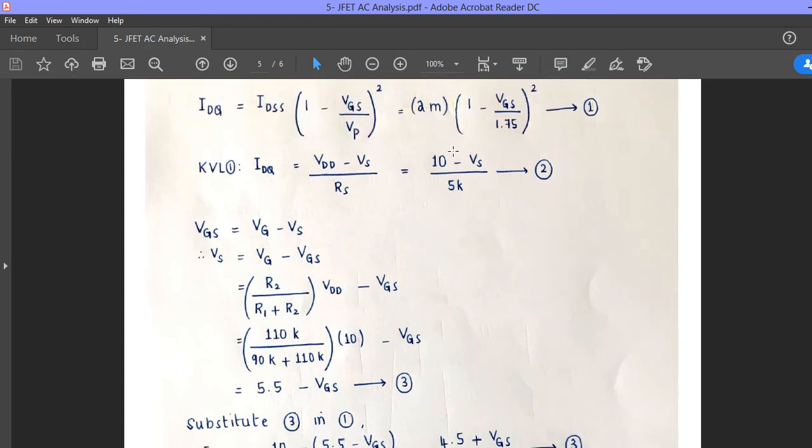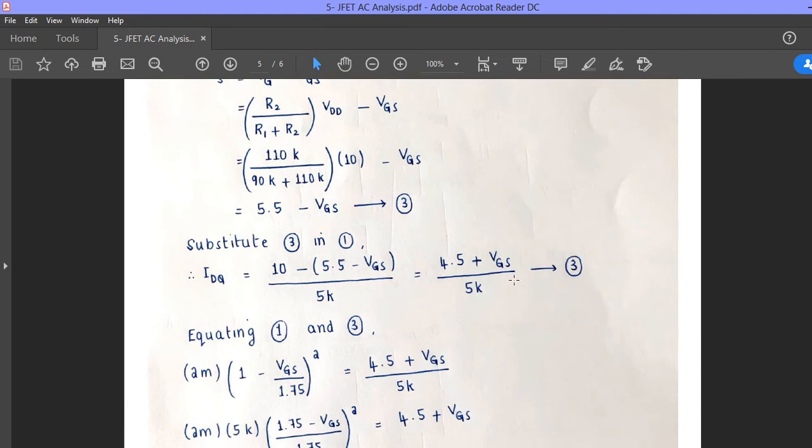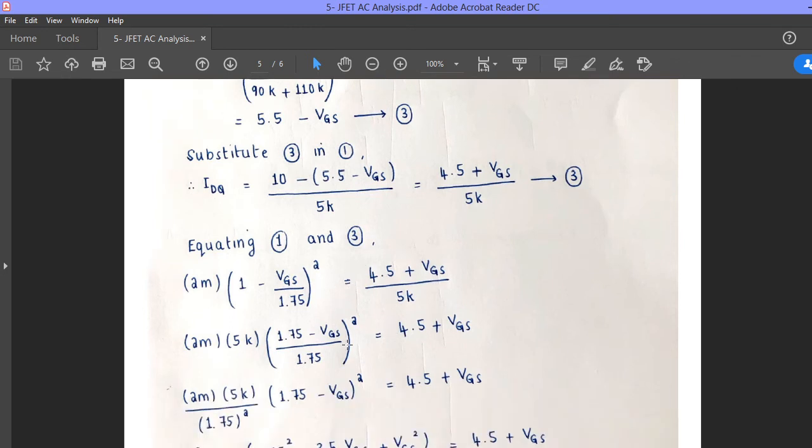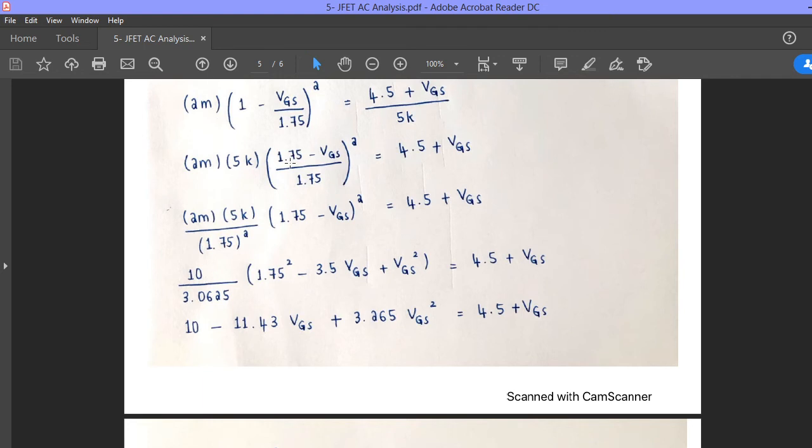So here we put the value of VS in terms of VGS, and then we equate this equation and this equation. So 10 minus this, we have put the value of VS here, and we got IDQ this, and from first and third equation we got this. There will be two values of VGS which we got after solving this.